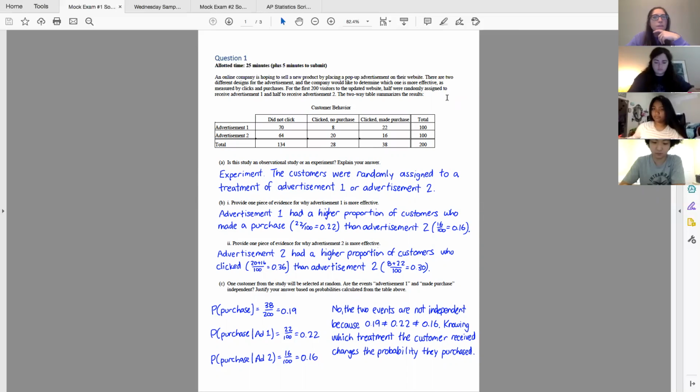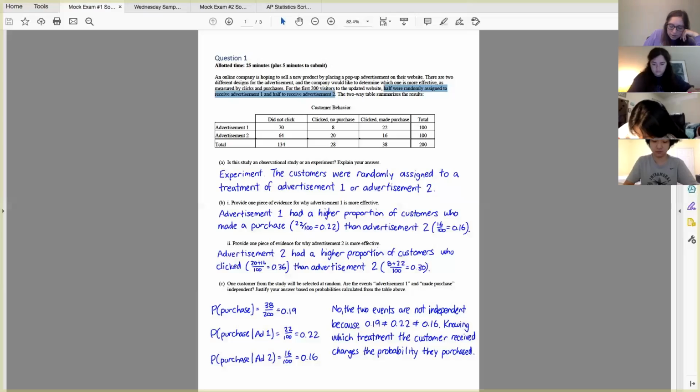I guess I misread that. I thought it was just random selection and we observed it, but it looks like from the prompt they were randomly assigned. Okay. So if you see the word random assignment, the word assignment is kind of your key. That means experiment. Thank you. The word assignment equals experiment.